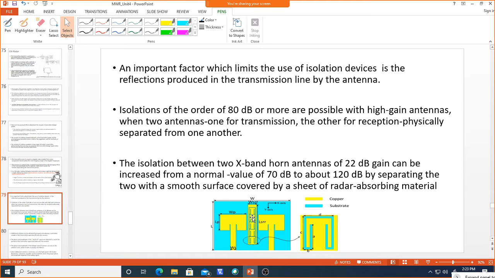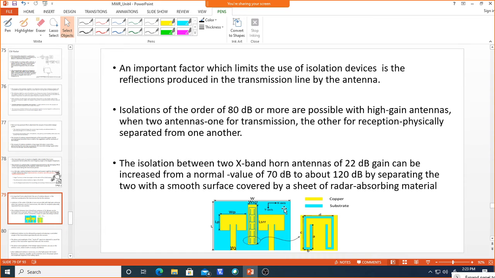If this acts as the transmitting antenna and this acts as the receiving antenna, then by putting this material, assuming it is a radar absorbing material, between the transmitter and receiver, we can achieve very good isolation.